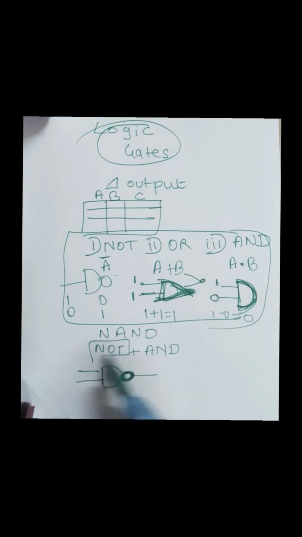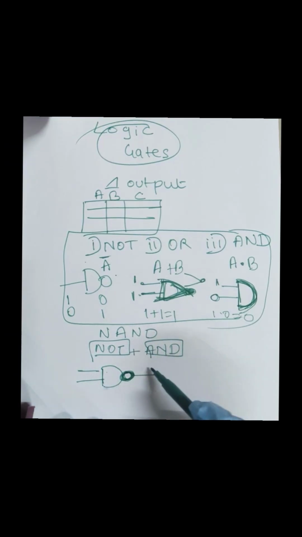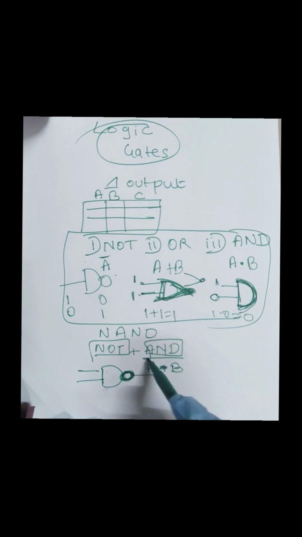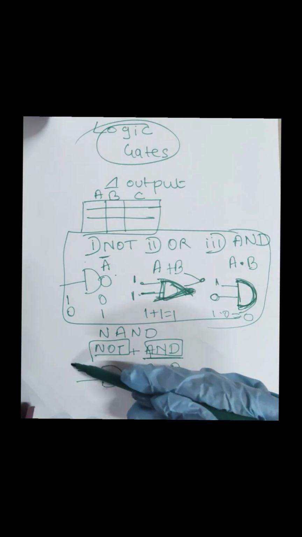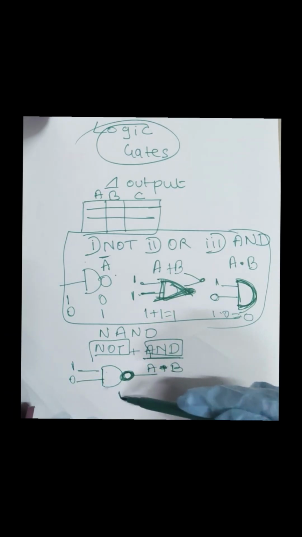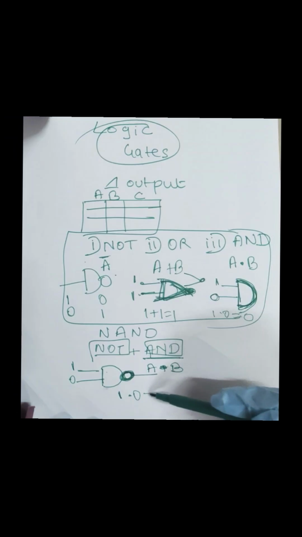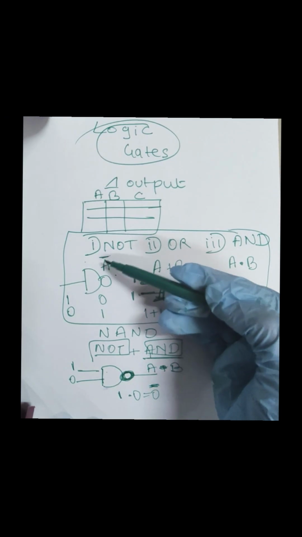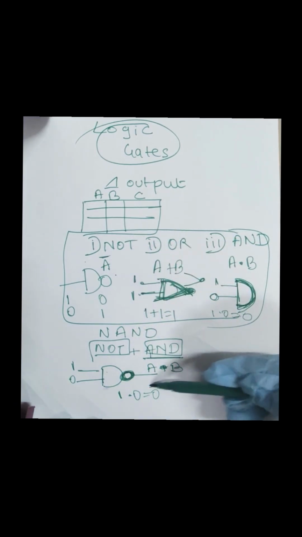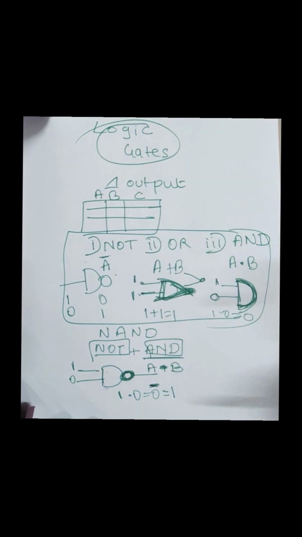It's quite simple. A dot B, you put 1 and 0, 1 dot 0 is 0. Now you put the opposite. NOT means it's quite opposite, so this dash means opposite, which is 1.